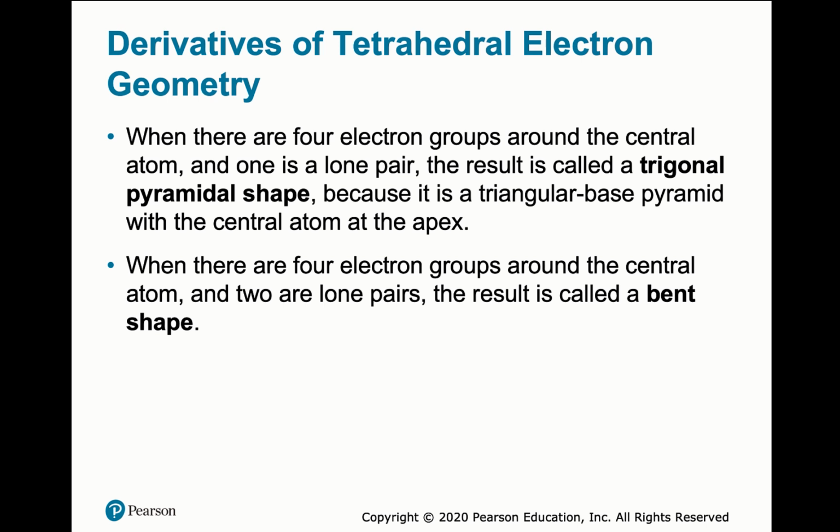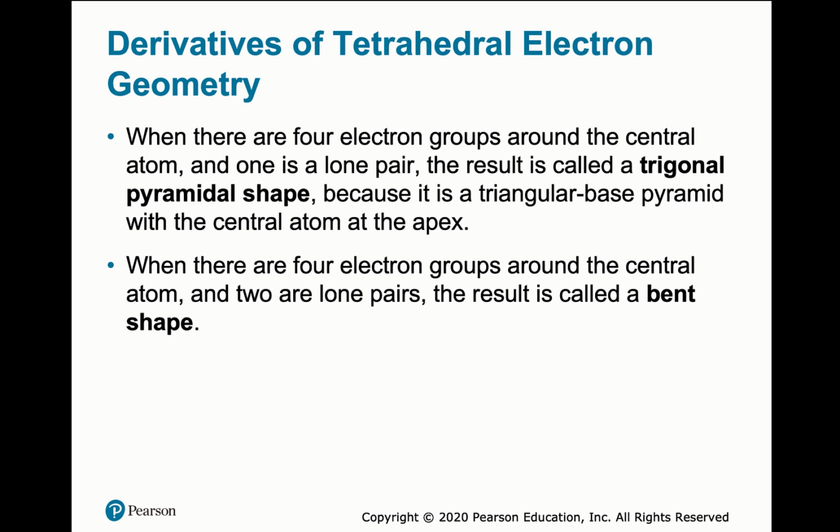So we have the tetrahedral electronic group. If there is one lone pair, this is known as a pyramidal shape, trigonal pyramidal. So three things, pyramid. And a pyramid, if you go back to basic geometry, a trigonal pyramid is a triangular base pyramid where the base is a triangle.